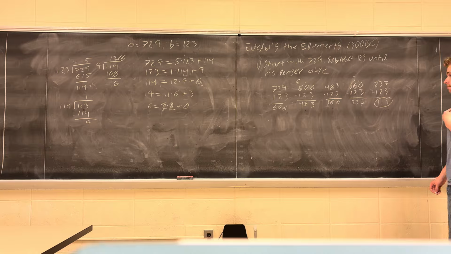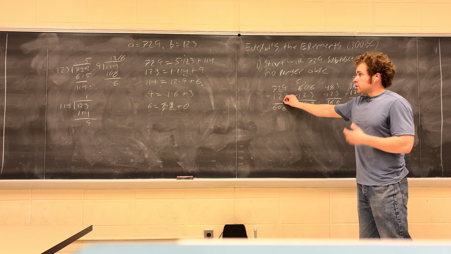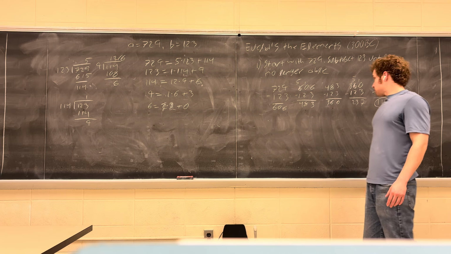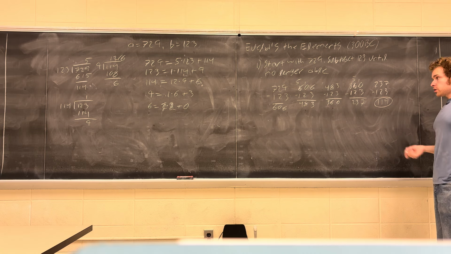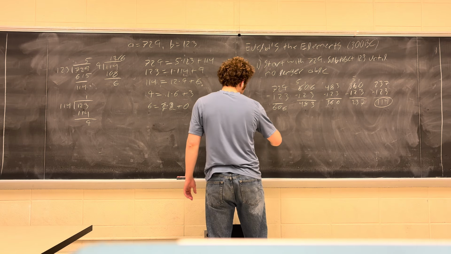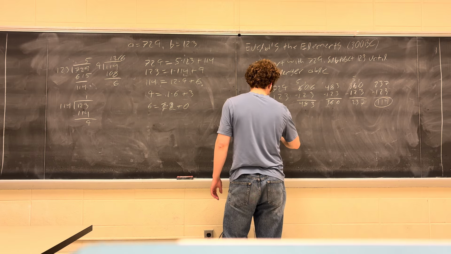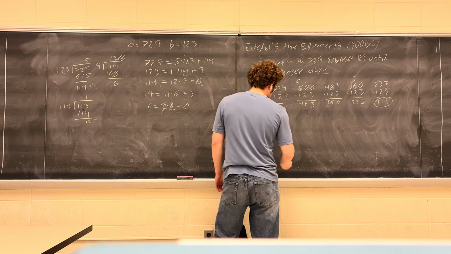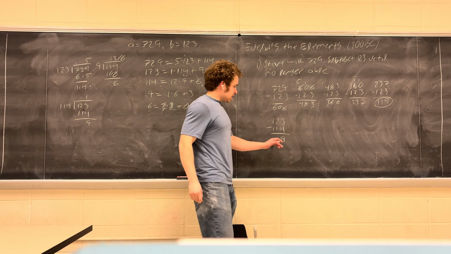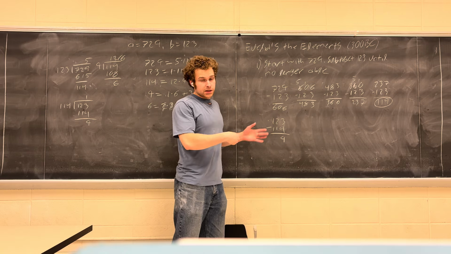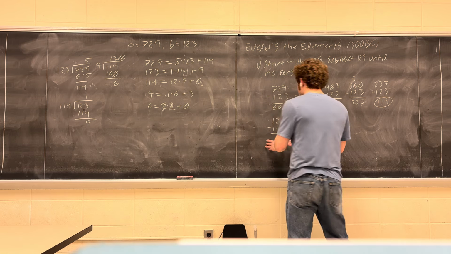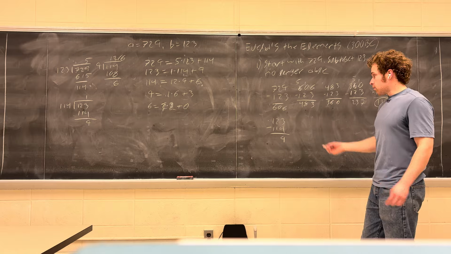And because 123 is also divisible by the GCD, both 123 and 114 are, then we can just continue this process. 123 minus 114, which is going to be 9, is also going to be divisible by the GCD. Okay? So we can't subtract 114 anymore.